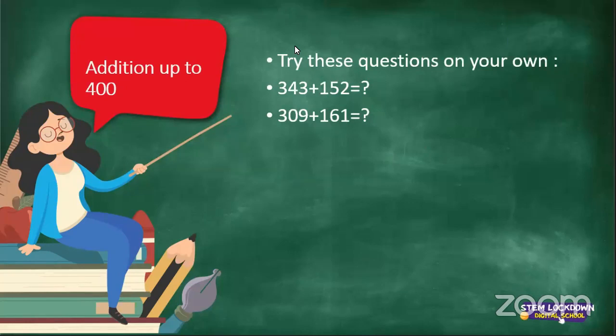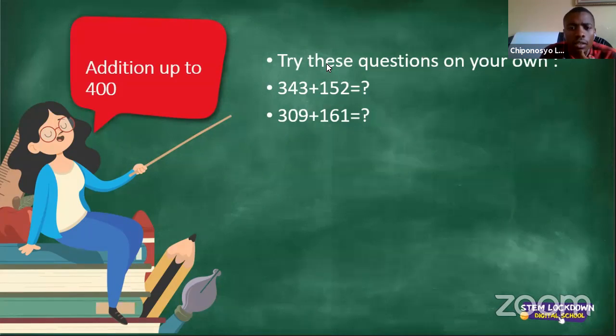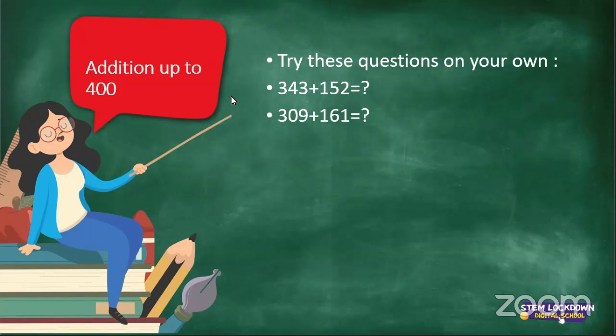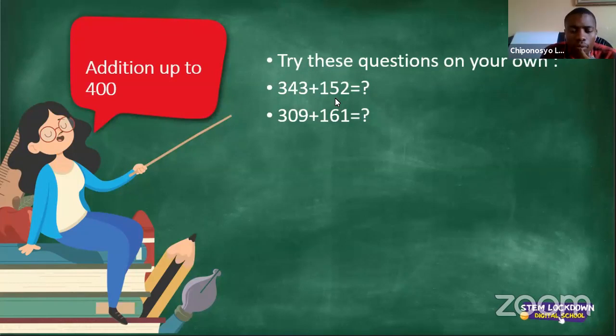Sir? Yes. Sir, the first one, 239 plus 31. How do you do it, sir? I didn't understand it. Okay, let me go back to it.